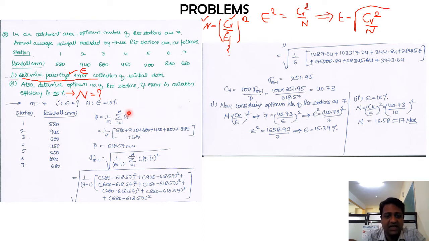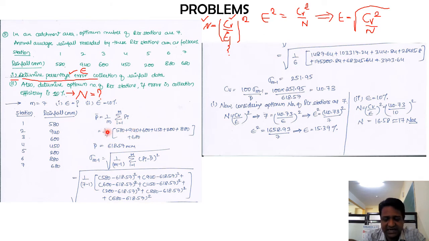So this is the entire formula. If I substitute the values, 1 by m, where m is 7, into bracket: p1 is 580, p2 940, p3 600, p4 450, p5 200, p6 880, and p7 680.